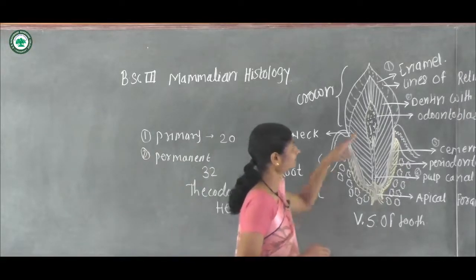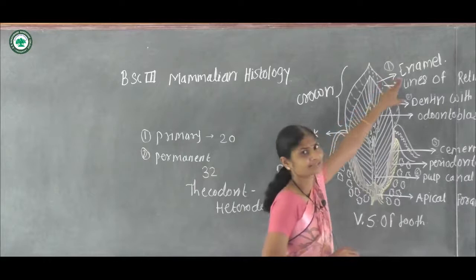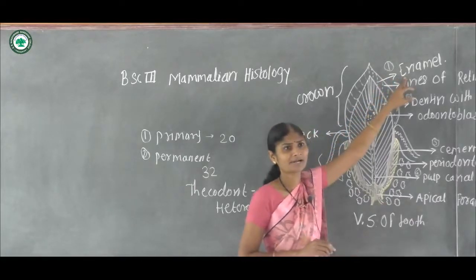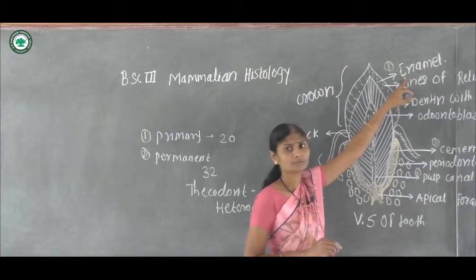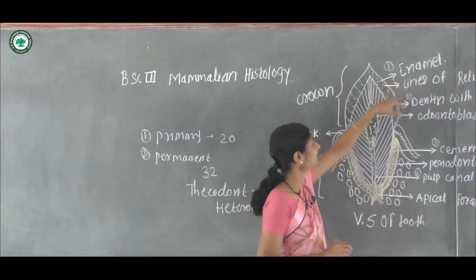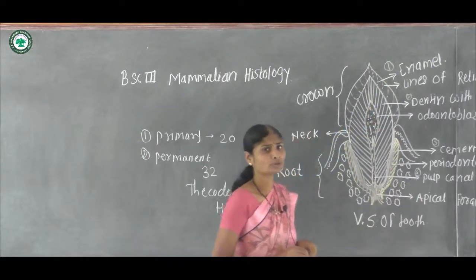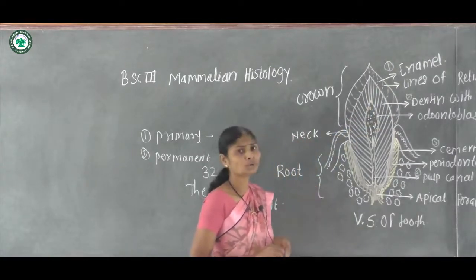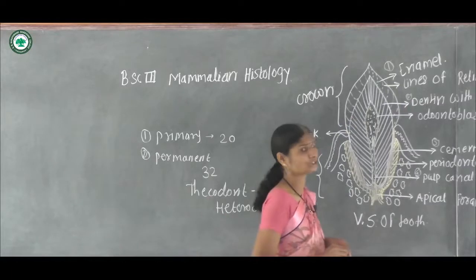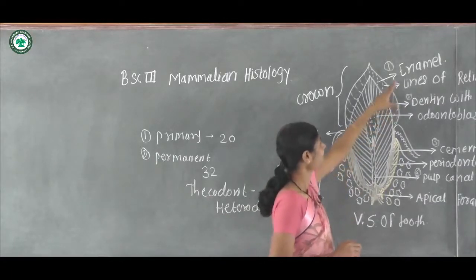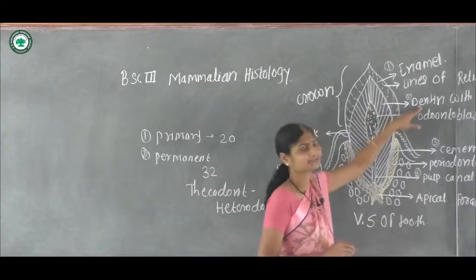Enamel is a white glistening substance and is harder than bone. It shows incremental lines of growth called lines of Retzius. The next type is dentine.